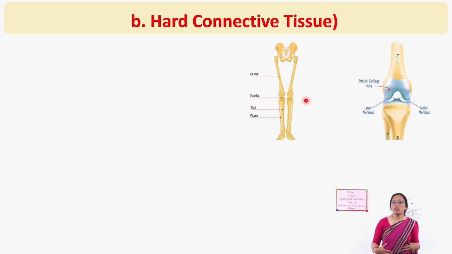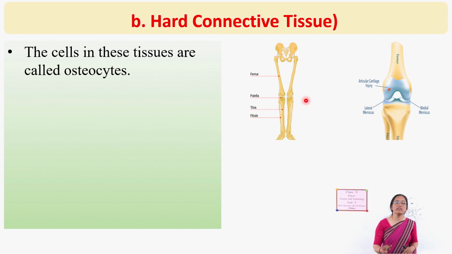The whole framework of our body is made up of bones. Especially the cells present in bones and cartilage are called osteocytes.